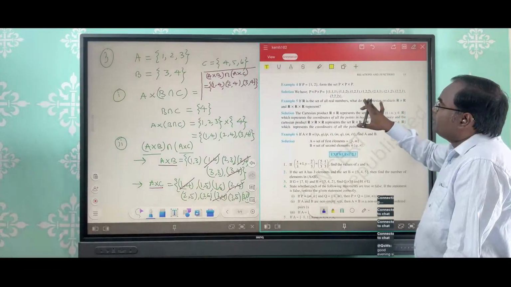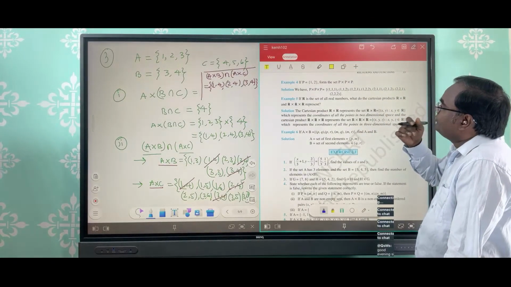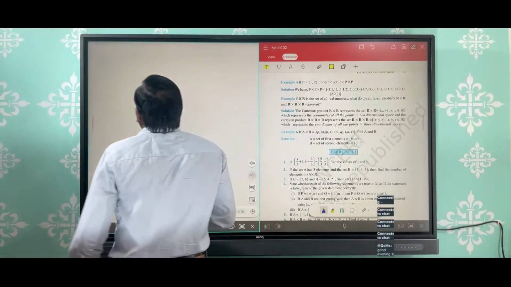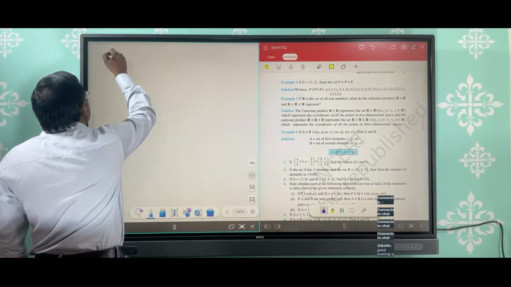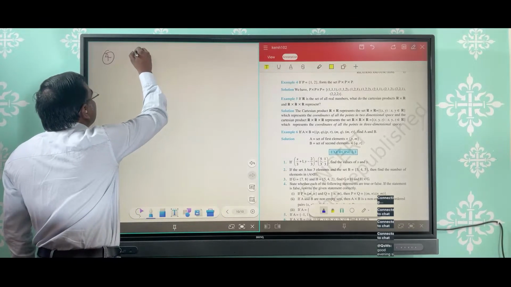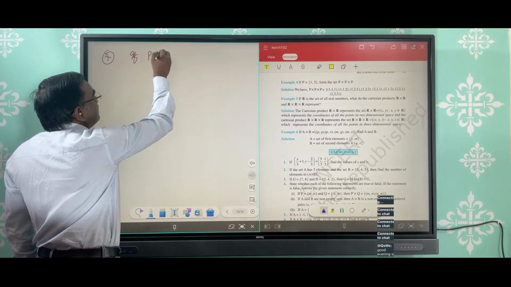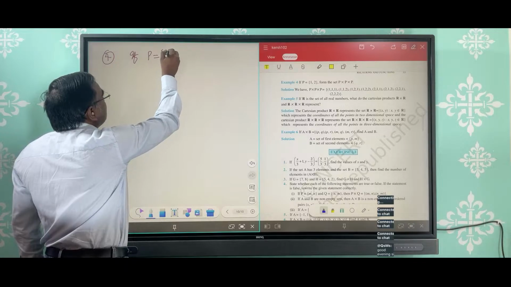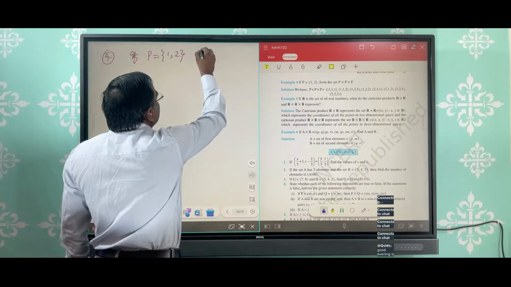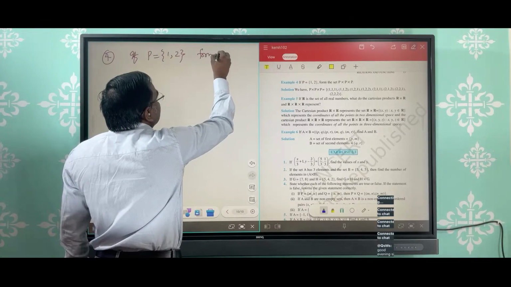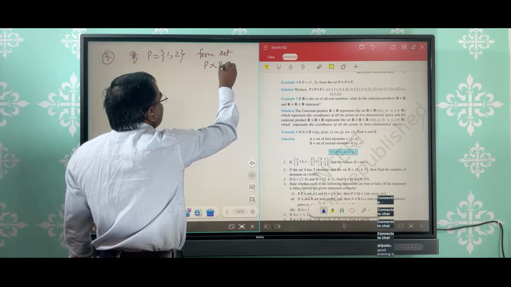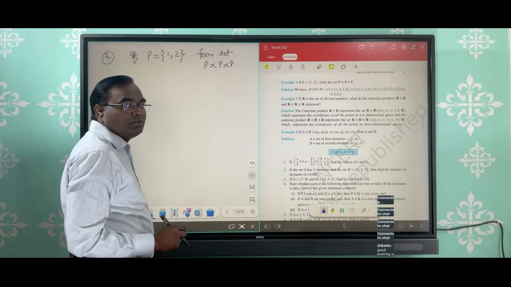Okay. Now, a beautiful example is example number 4. So example number 4 is that if P is 1 and 2, form the set P cross P cross P. Very good problem.